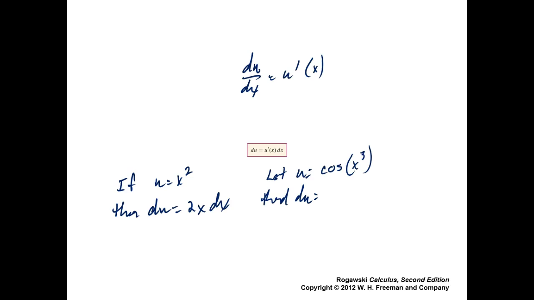Do you have to apply the chain rule to this? Absolutely. So there's going to be a 3x squared in it, for sure, times sine x. Okay, except what's the derivative of cosine?